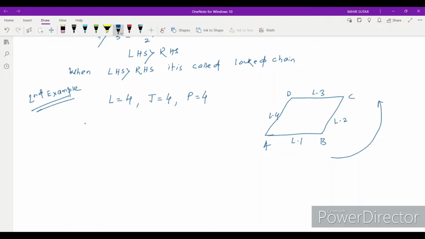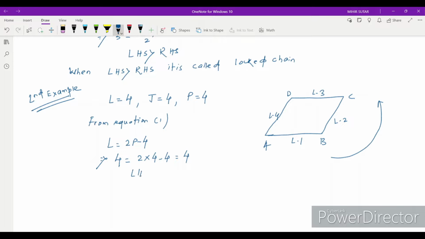Let us see now whether it is satisfying both equations 1 and 2. From equation 1, we have L is equal to 2p minus 4, which implies 4 is equal to 2 into 4 minus 4, that is equal to 4.